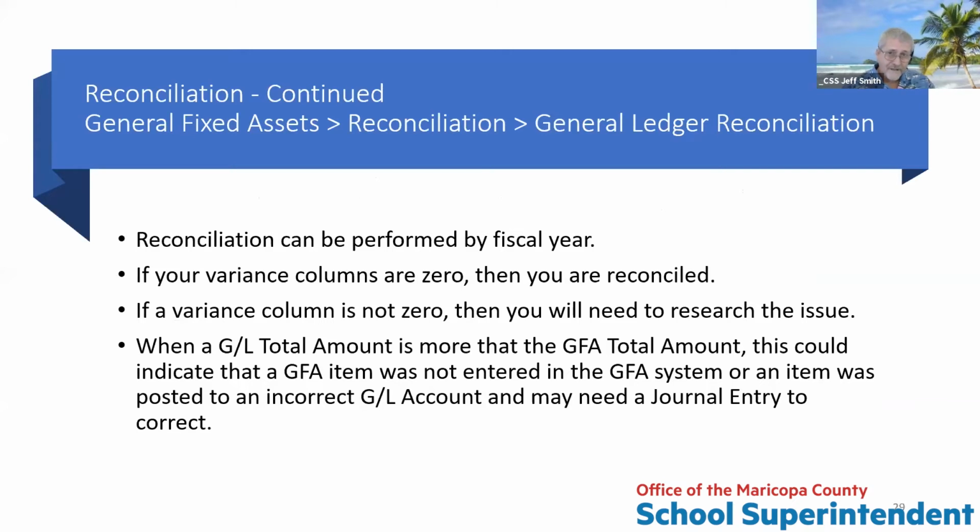So reconciliation is usually done by fiscal year. So if your variance columns are all zero, then you are good to go. If they're not zero, this is when you would want to do your research.